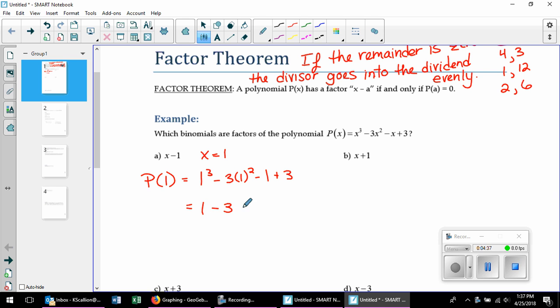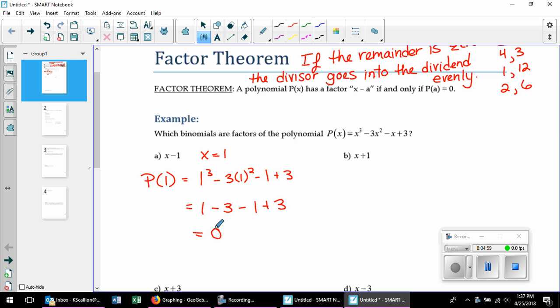So 1 minus 3 minus 1 plus 3. What do I get? There's a positive 1, a negative 1, a negative 3, a positive 3. What do I get? You're a genius. So this is a remainder of 0.